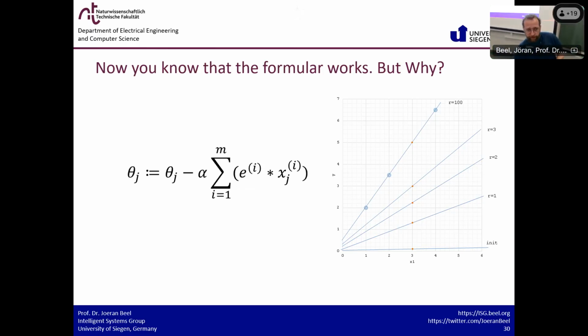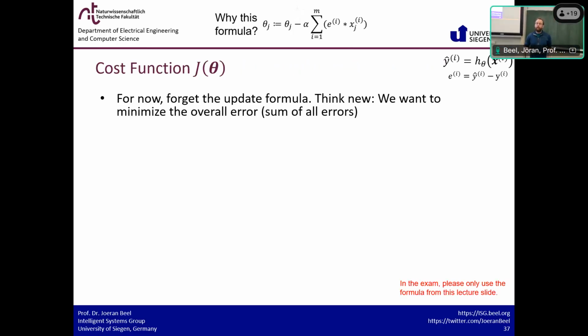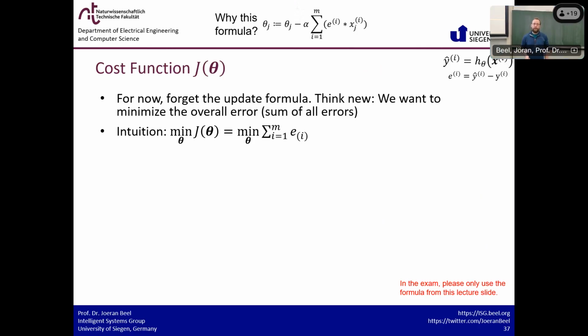So let's start all over from the beginning. We know what we want to have. We want our linear model. We want to minimize the overall error. That's given. We have an error. It's just the difference between the prediction and the actual value. And we have to have this as low as possible. We call this a cost function.